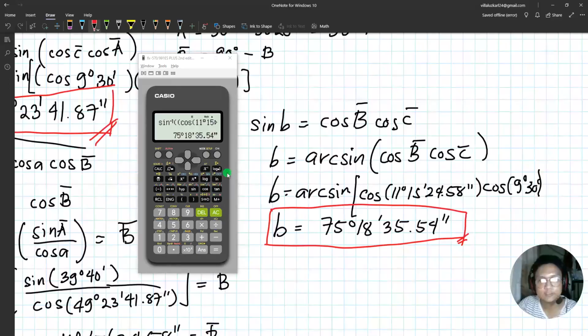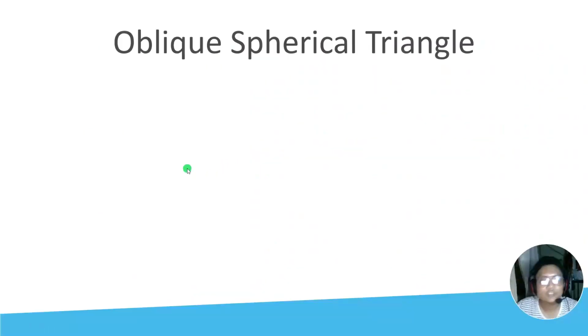Next, since Napier's rule is limited to solving right spherical triangles, we need other solutions in order to solve other spherical triangle problems. So we use the sine law and cosine law.